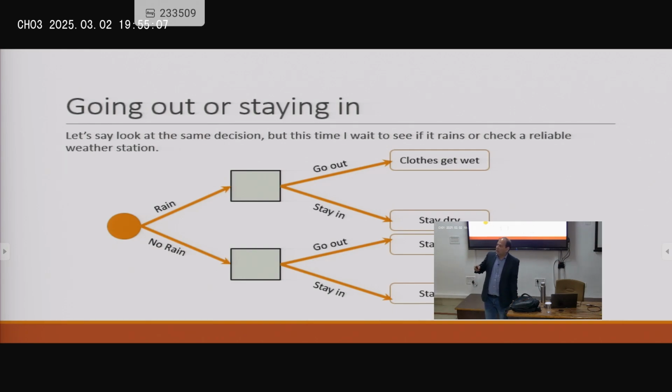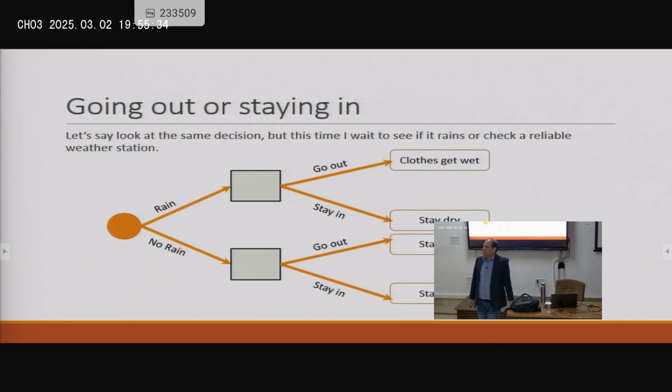But essentially, when we follow one line, we can say it rained and then we went out and our clothes got wet. It rained and we stayed in and they stayed dry. So you can make the decision anyway, but you're in a much better situation now, right? If you waited, you could decide: if it's raining and you go out without an umbrella, well, that's on you.